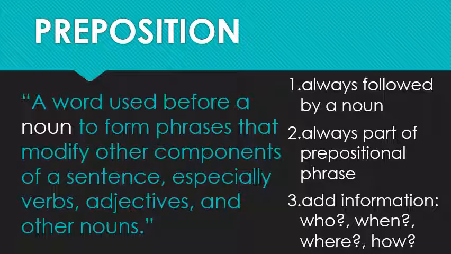I improved my English by studying. How? And so you can combine verbs with nouns, adjectives with nouns, nouns with nouns, okay? Because number one, right, the preposition is always followed by nouns. So you're connecting some sort of noun that's answering this additional information with other parts of the sentence.